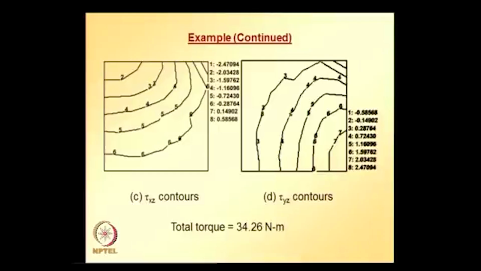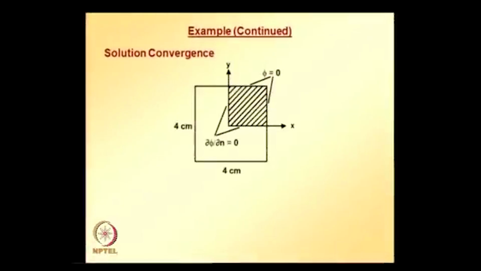So, we can see that solution is converging as we increase the number of elements from 4 to 8 to 32. But the only thing is, as the number of elements are increased, it is going to be difficult to do hand calculations. We need to automate it, and we can write a computer code to do more refined finite element calculations using the automated code.